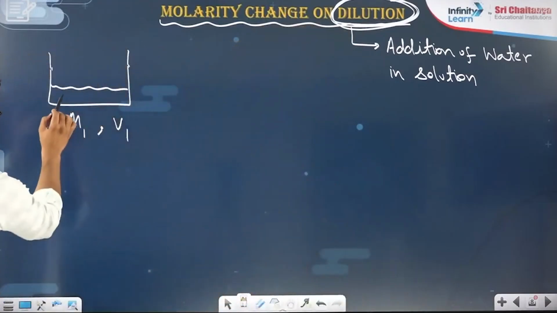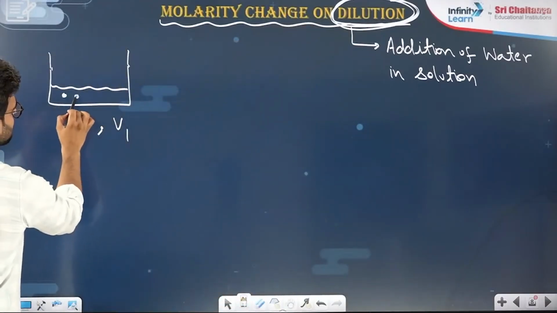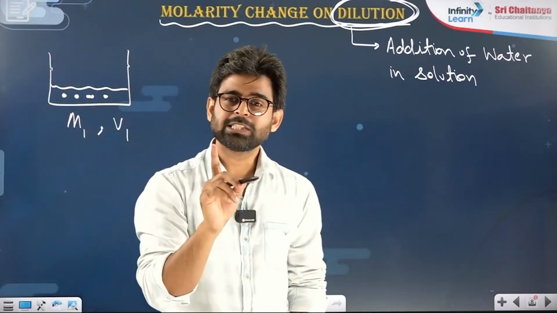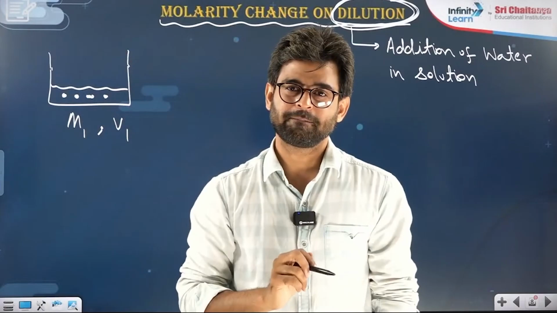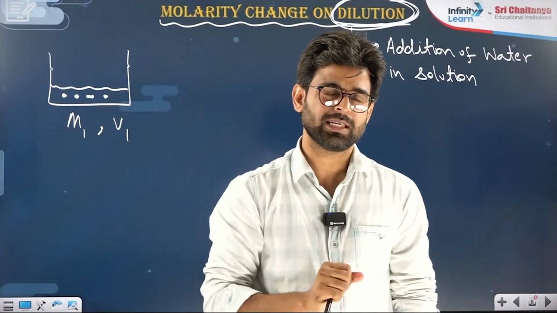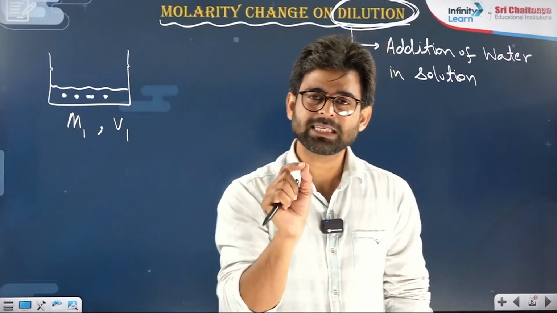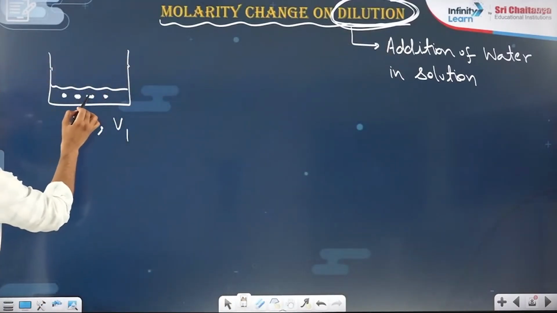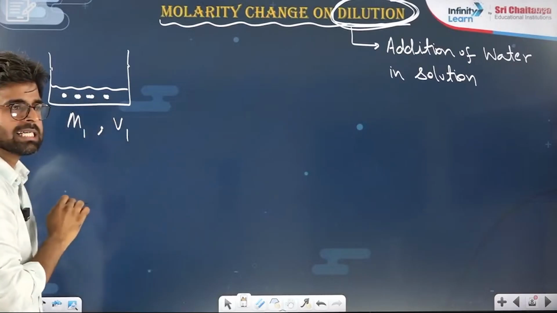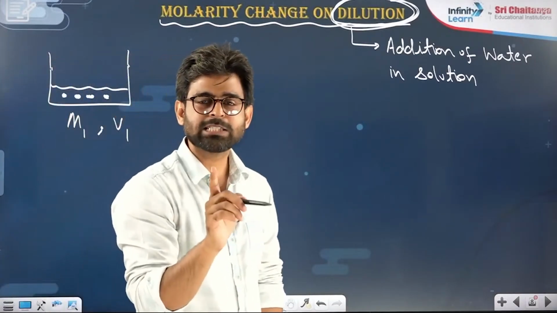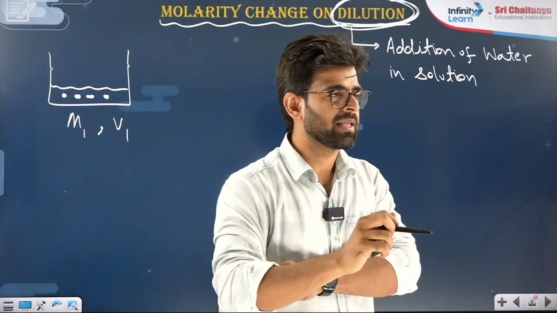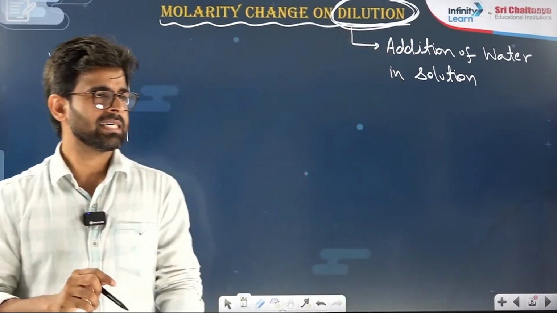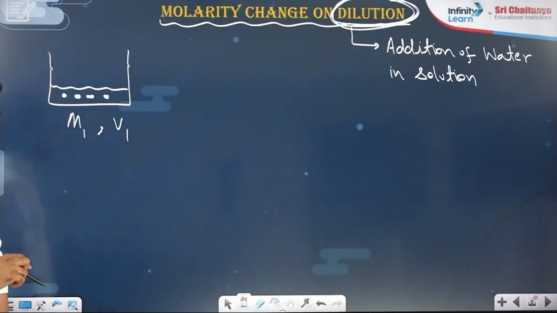Now look at this carefully. How many particles can you see in the solution? How many dots? 1, 2, 3, 4. We can see 4 particles in our solution, right? Yes, everyone.